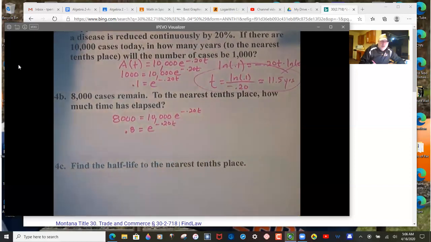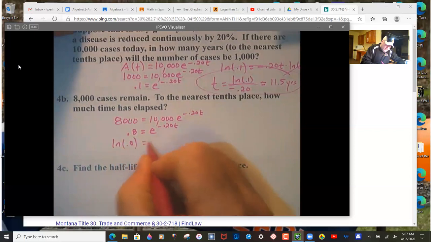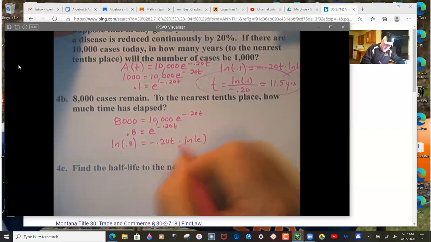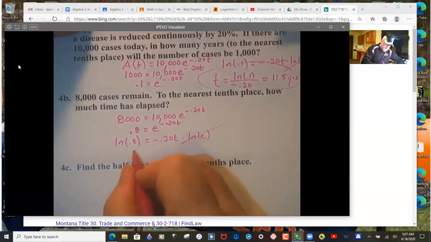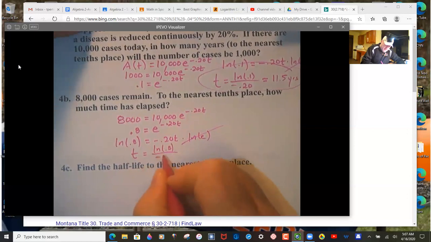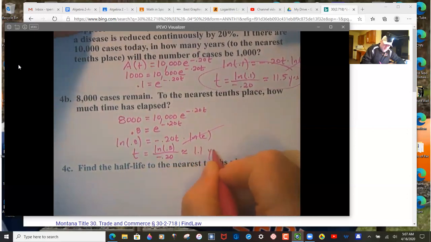And then same work. Anytime you're trying to get at r or t, you have to do ln on both sides. And that's going to bring down that exponent. That'll be 1. And so t is going to be ln of 0.8 divided by negative 0.2. And that'll be 1.1 years.